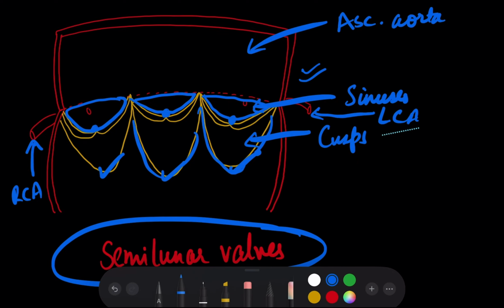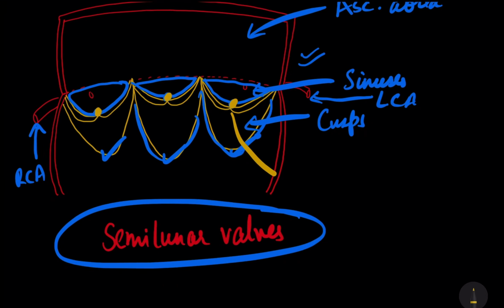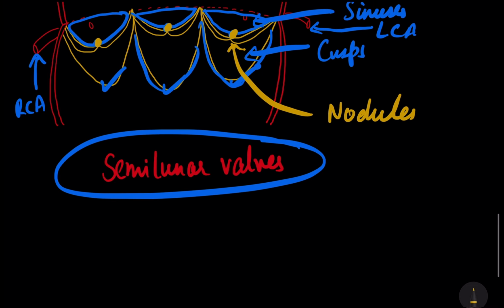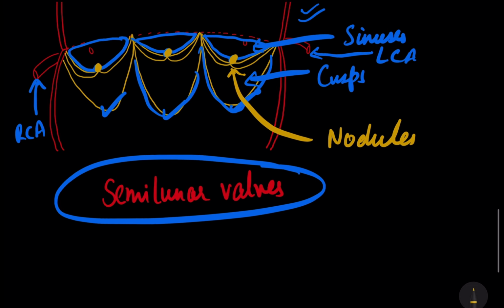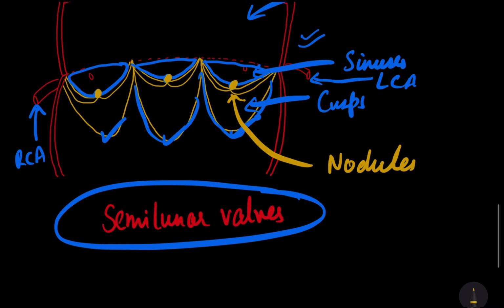Finally, if you can see here, there are small nodules. These nodules are small thickened areas at the center of the free margin of each cusp, and these help to complete the closure of the valve.